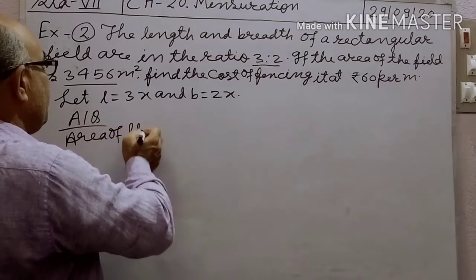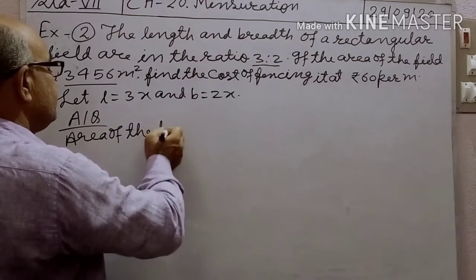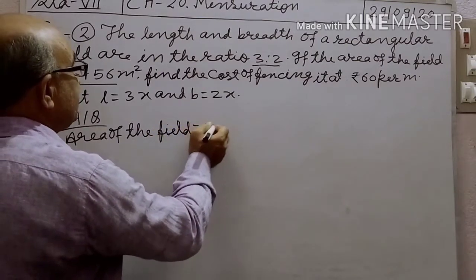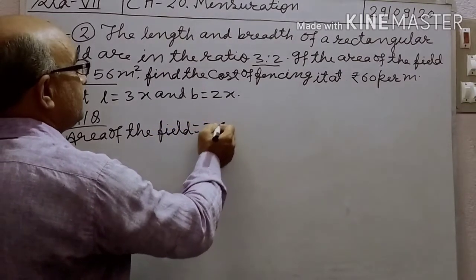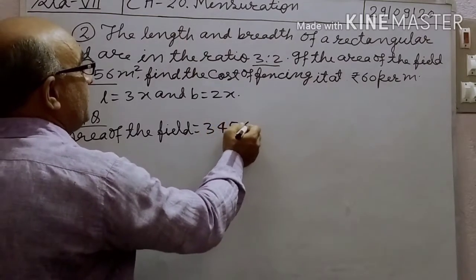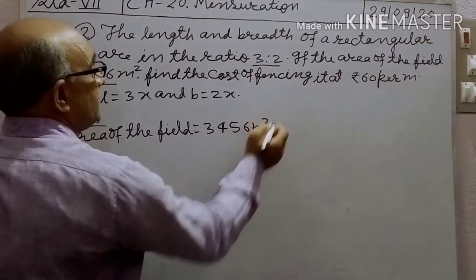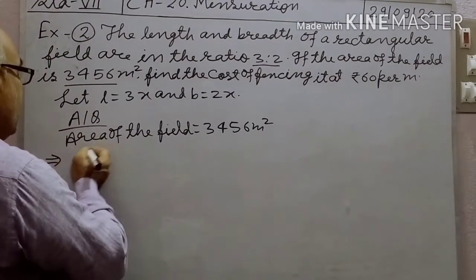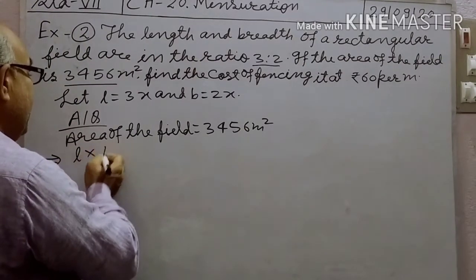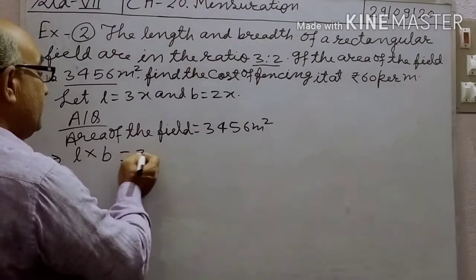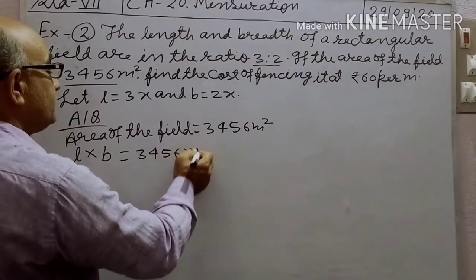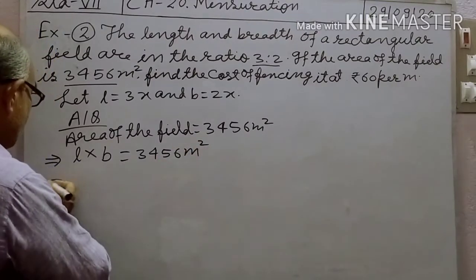Area of the field equal to 3,456 meter square. That implies area of the field L into B equal to 3,456 meter square.